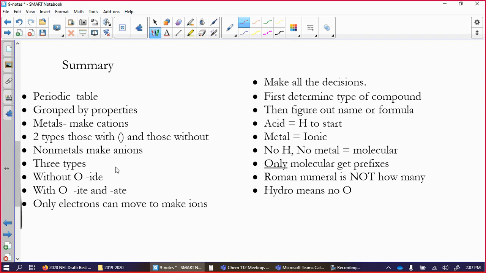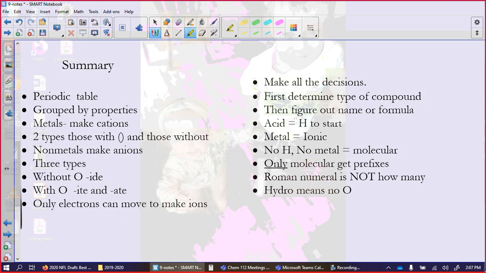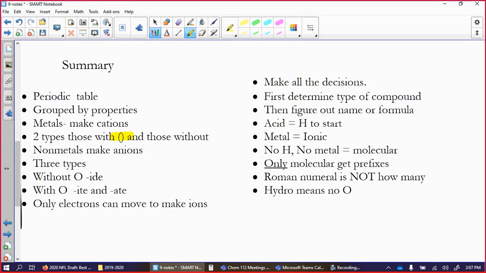For ionic compounds, there are two types: one with brackets and those without. What's in the bracket is a charge. Nonmetals make anions, without oxygens ending in ide, with oxygens we can have that.